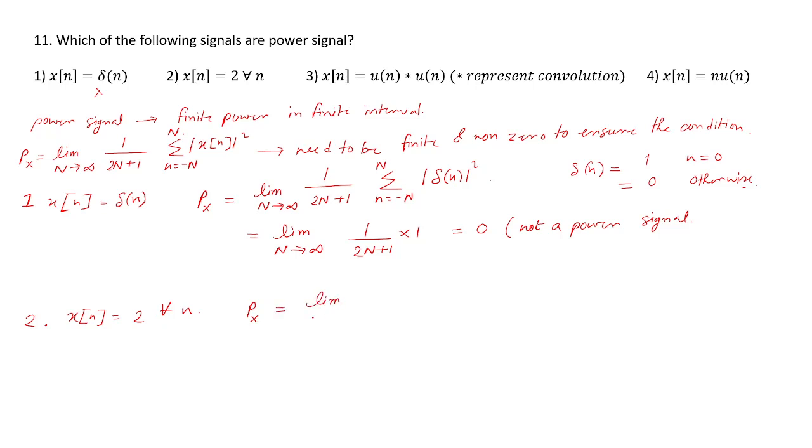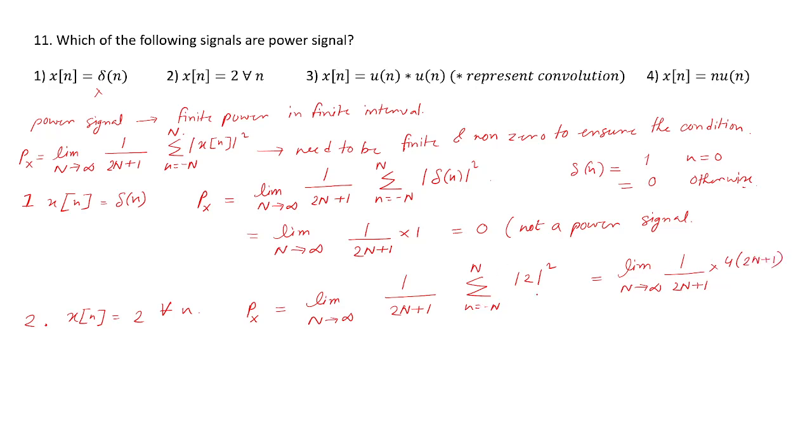We put in the mathematical framework: limit N tends to infinity, 1 over 2N plus 1, summation n from minus N to capital N. Now x[n] is equal to 2 for all n, so putting the value of x[n] here, 2 squared, it becomes limit N tends to infinity of 1 over 2N plus 1 times 4 times 2N plus 1.